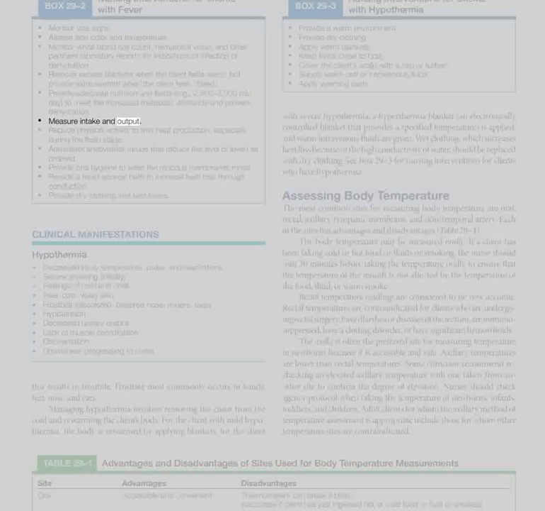Measure intake and output. Reduce physical activity to limit heat production, especially during the flush stage. Administer antipyretics, drugs that reduce the level of fever, as ordered. Provide oral hygiene to keep the mucous membranes moist. Provide a tepid sponge bath to increase heat loss through conduction. Provide dry clothing and bed linens.